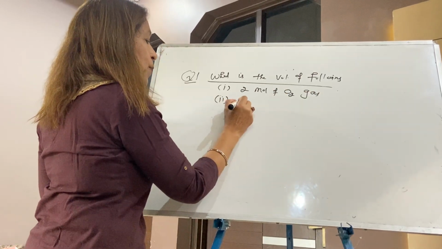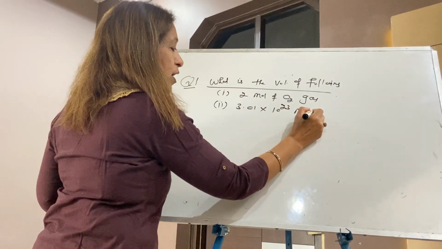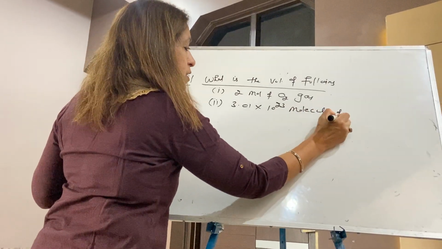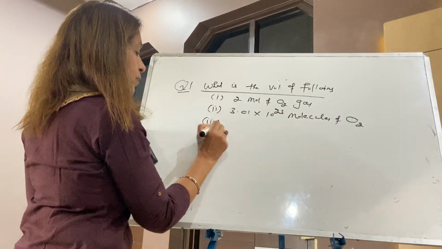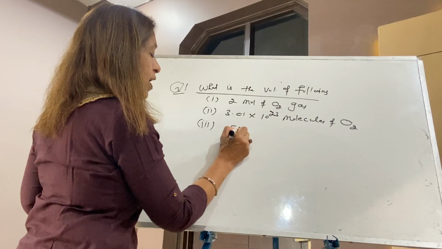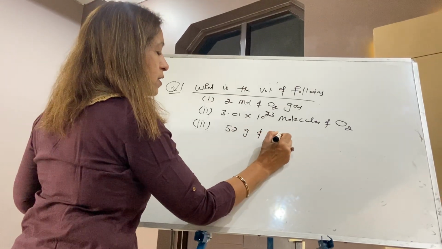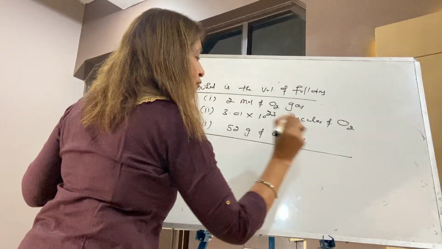Second is 3.01 into 10 raised to power 23 molecules of oxygen. Third is 52 gram of oxygen. Write in a very slow manner along with me.